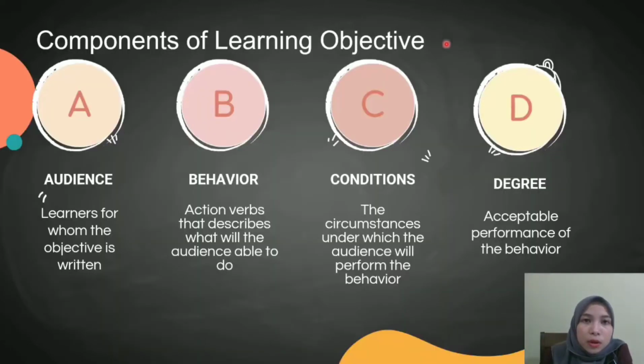So, a learning objective consists of four components, which are A, B, C, D. So, what is A, B, C, D? A refers to audience, which means the learners for whom the objective is written. So, a learning objective should always specify the audience it is intended to serve.